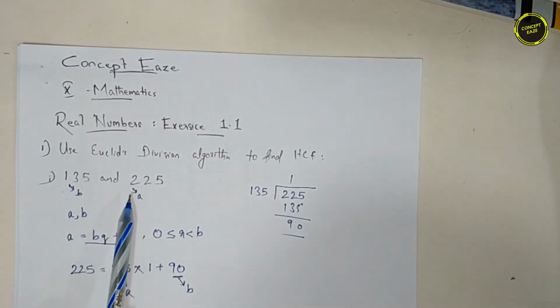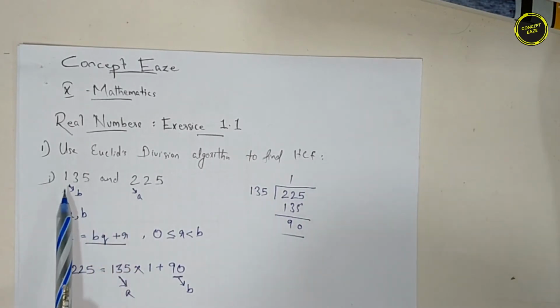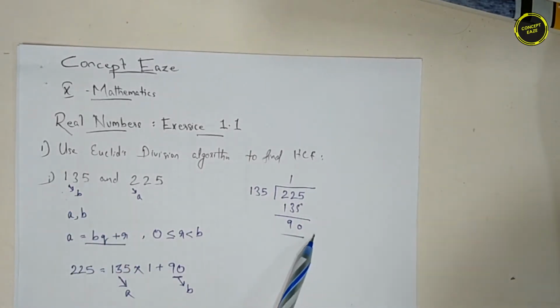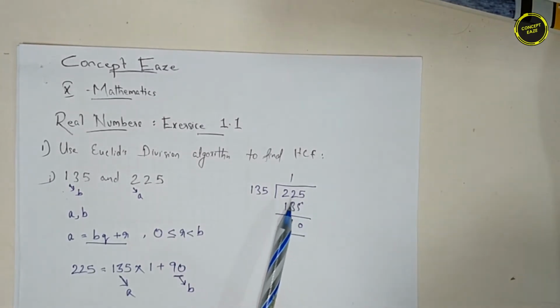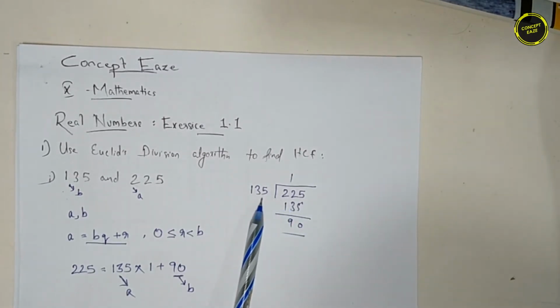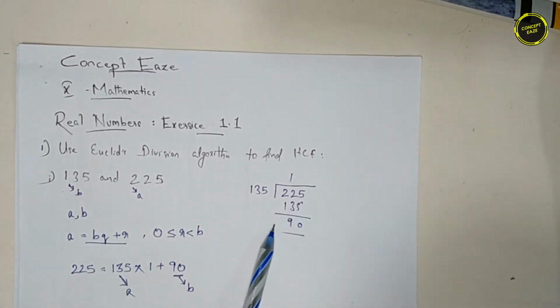So considering 225 as a and 135 as b, let's do a long division with this. 225 divided by 135: 135 ones are 135, the remainder is 90.